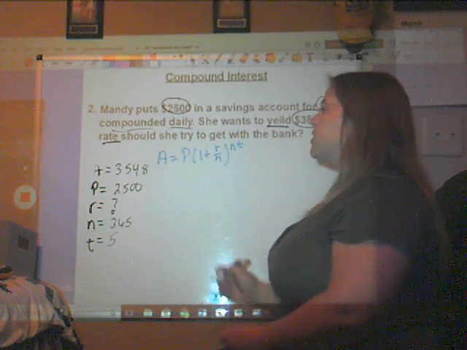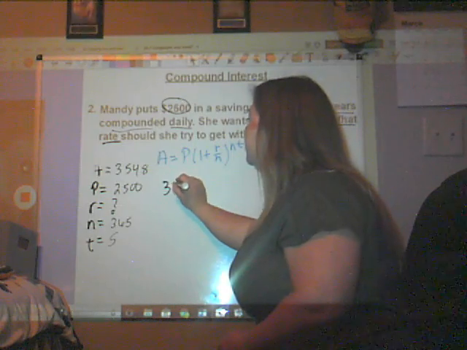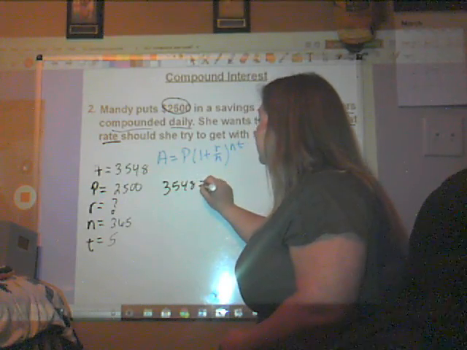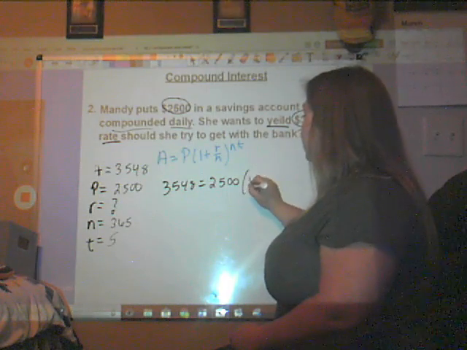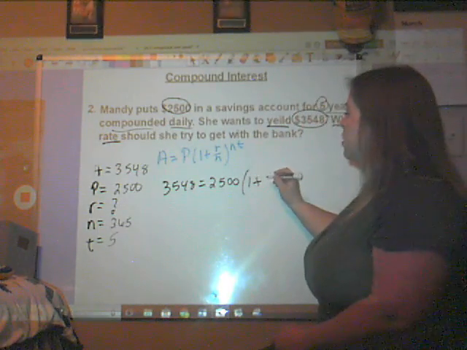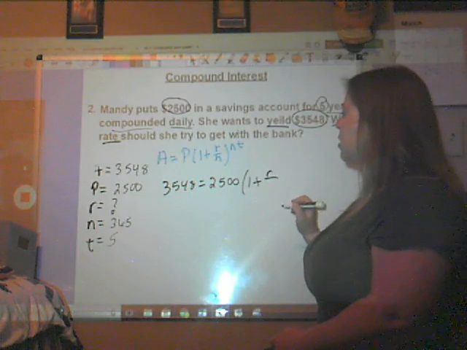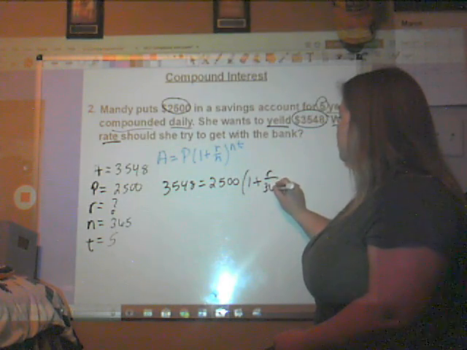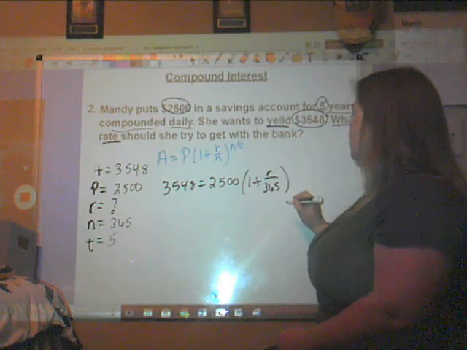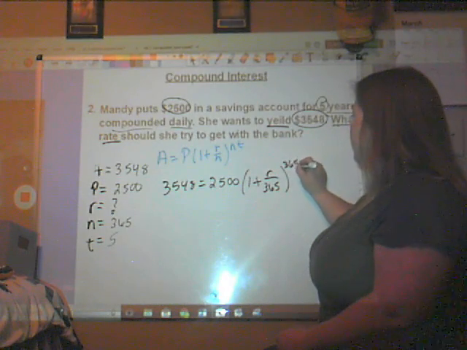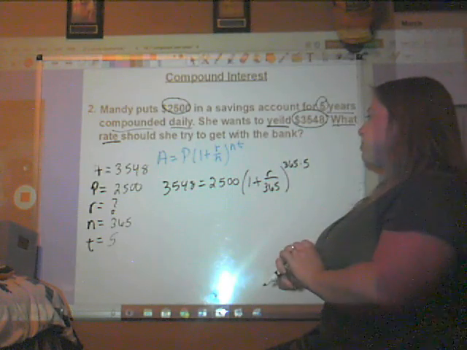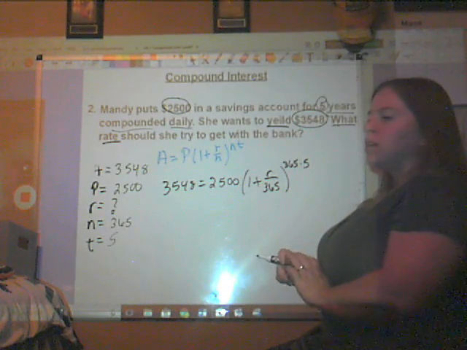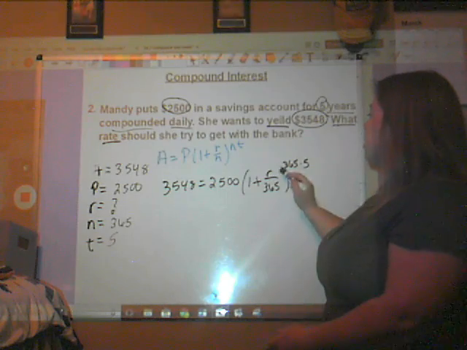So we're going to plug all this into our formula. So A is 3,548 equals P, which is 2,500, times 1 plus R, which we don't know, so we're going to put R, over N, which is 365. To the N, which is 365, times T, which is 5. Okay? So on this one, notice the R is on the inside.